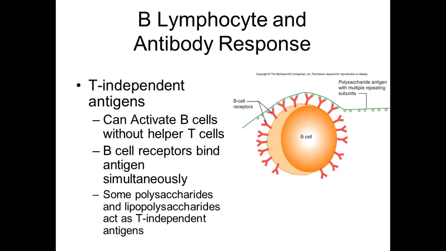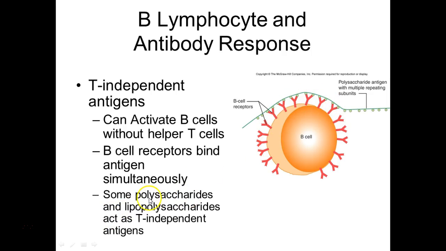Unbelievable. So helper T-cells are sometimes needed, but B-cell receptors can bind with antigen, right? So that's what you see happening here. And this is one of those situations, especially with lipopolysaccharide, because it's kind of repetitive. It can bind with lots of antibodies on the surface, that B-cell receptor on the surface of the B-cell.